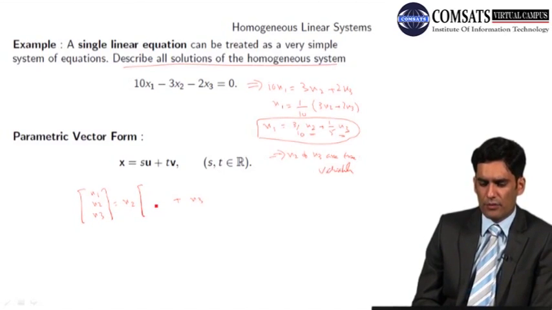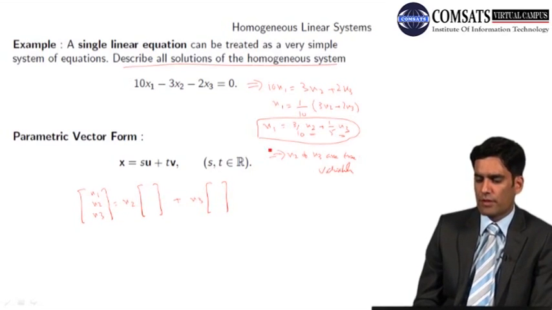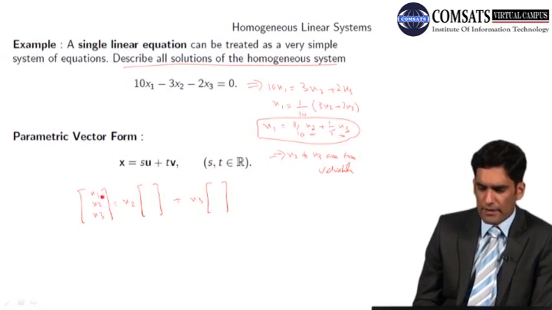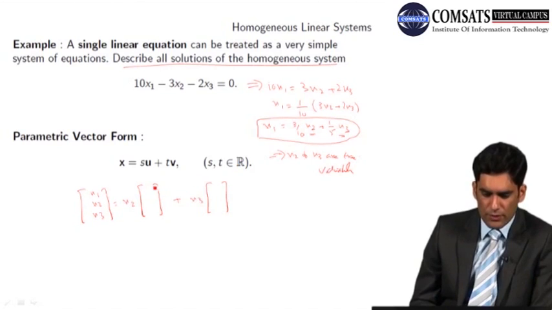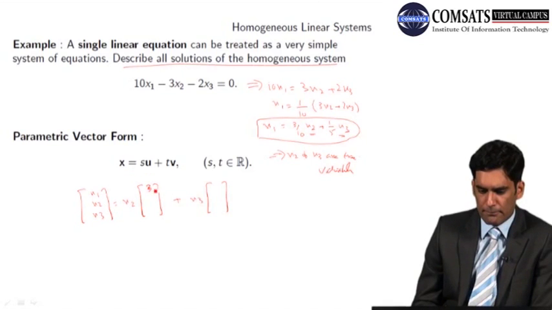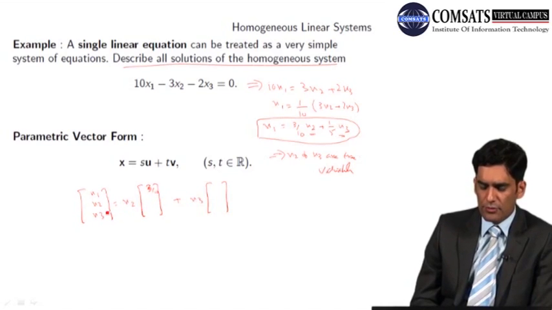Now I have to find these vectors such that my solution becomes this one. So what is the coefficient of x2? The coefficient of x2 is 3 by 10. So the first component of this vector will be 3 by 10. x2 is a free variable, so x2 equals itself, I will write 1. In x3, there is no part from x2.